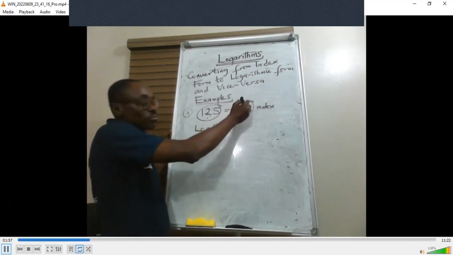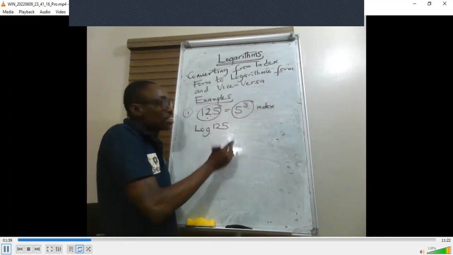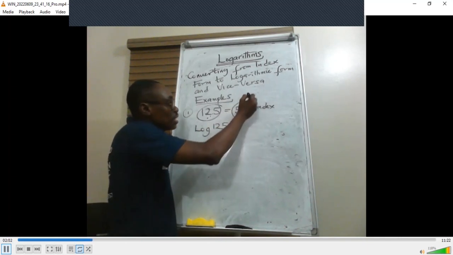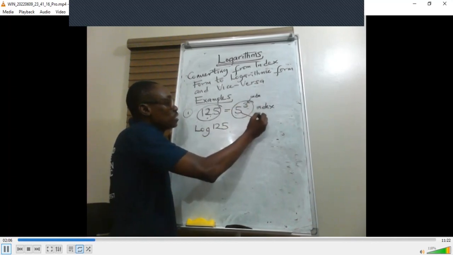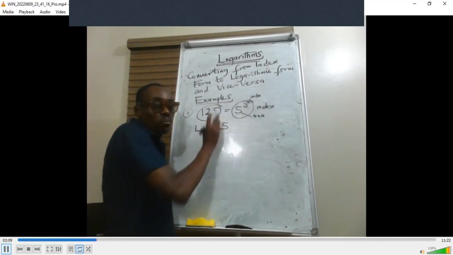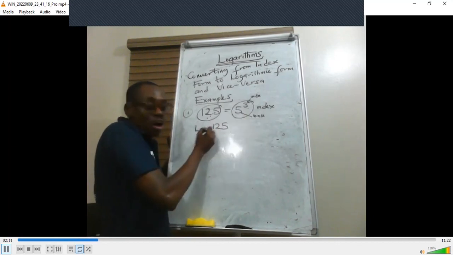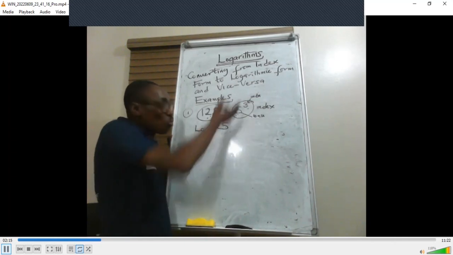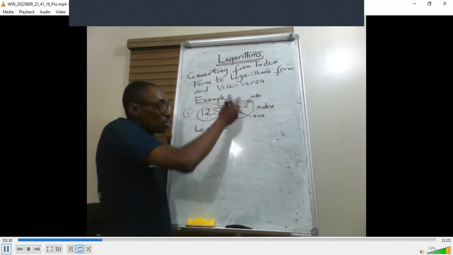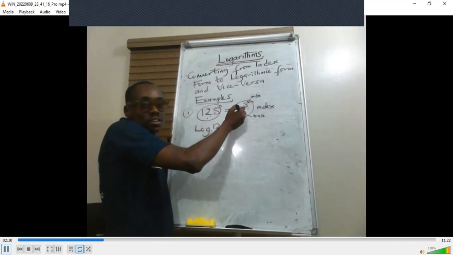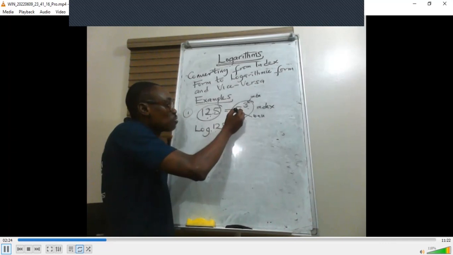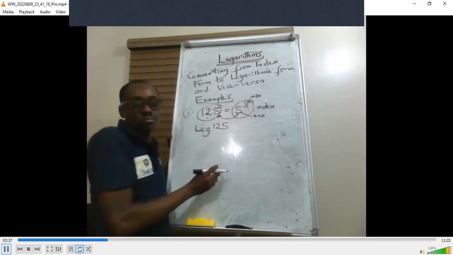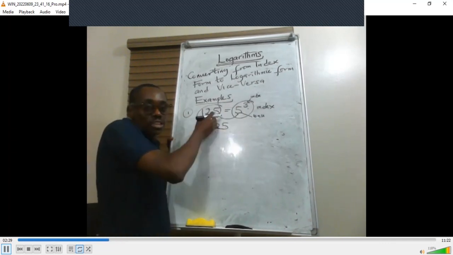Now, what next? This is the index. 3 is the index, while 5 is the base. This is the index form. So now you have log 125, but what is the base of that log? The base of that log will be gotten from this term here. This 5 here, which is down, while this 3 is up, will shift its location from this side to this side.